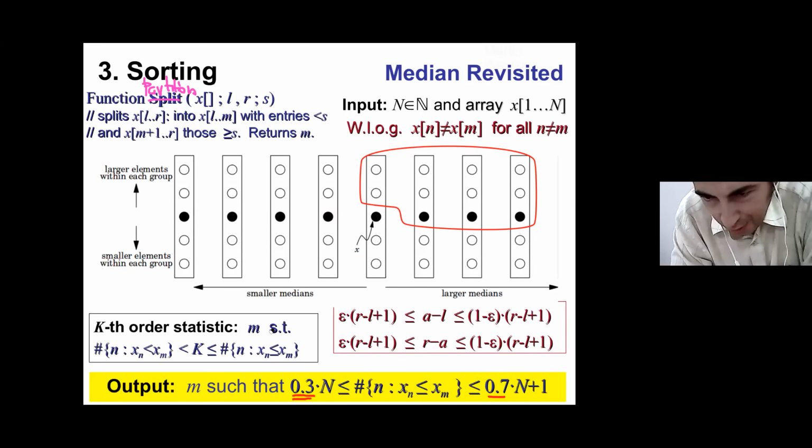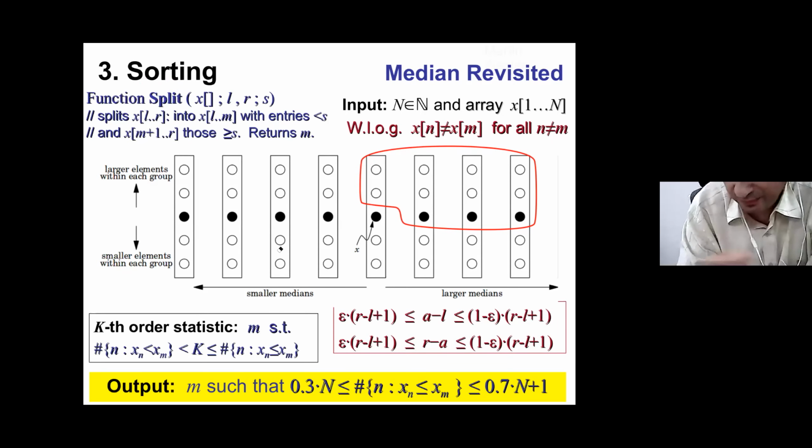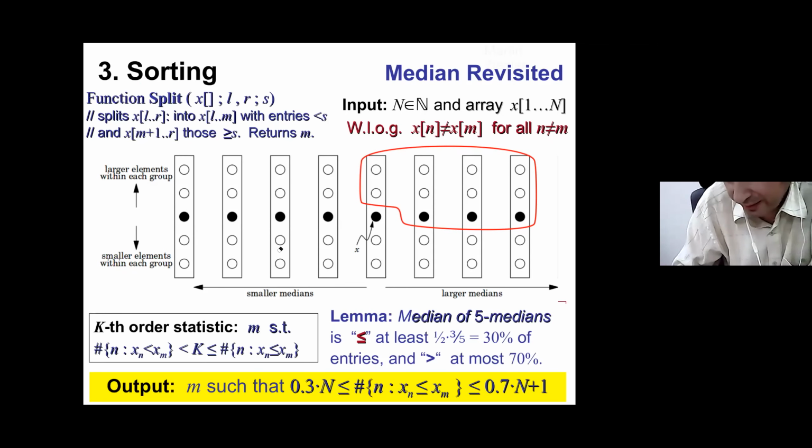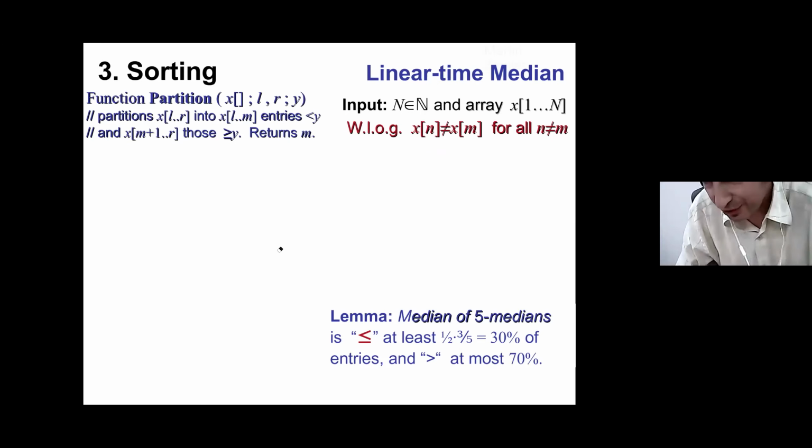Importantly, this shouldn't be too costly. We want to have it in linear time. If this is not linear time, then we don't gain much from this whole algorithm. So now, how do we do this?